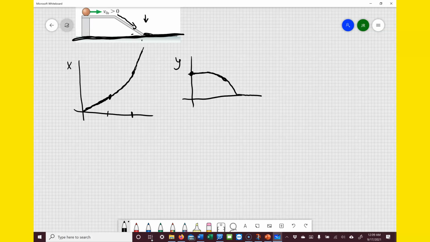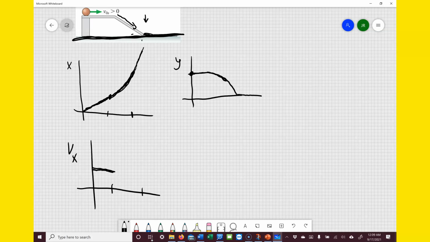What about the velocity in the horizontal direction? All right, the velocity over this period is a constant positive velocity. Right, I'm seeing that as the slope here. Then over this curved portion of the graph, the velocity is going to be increasing linearly.